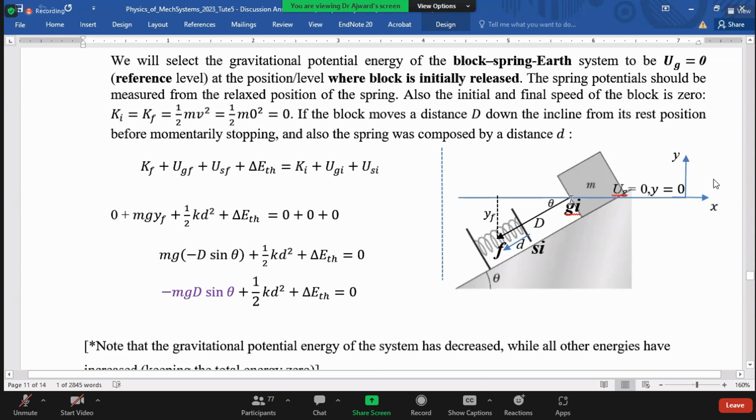Usually in spring-block problems, I choose the initial release level of the block as my reference level, because that makes sense in most of the problems. But for pendulum problems, I choose the suspension level as my reference level, but you can choose your own level.